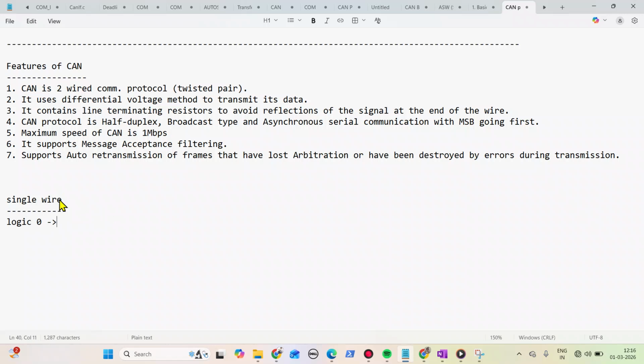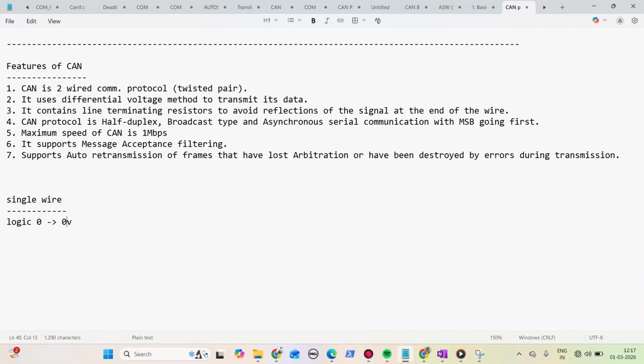If I want to transmit logic 0, then I have to transmit 0 volts inside that wire. But we know that inside a car there will be many ECUs, a battery, and different electronic gadgets, like the infotainment related things.